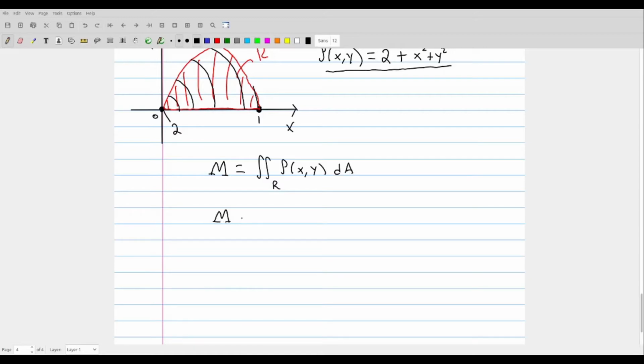This region is a non-rectangular region, so we have to be careful with our bounds for integration, but it's the double integral of the function 2 plus x squared plus y squared dy dx.